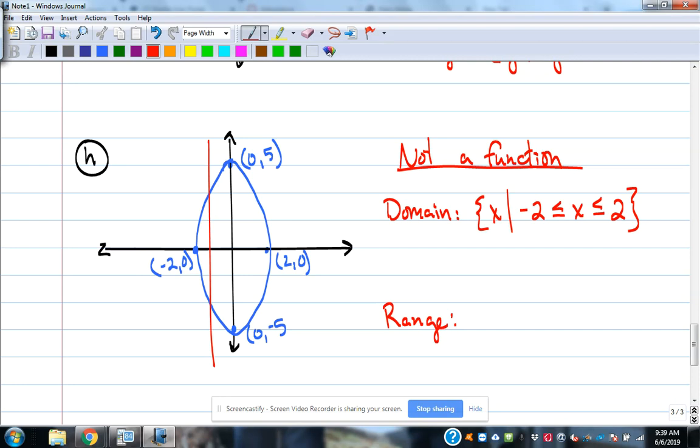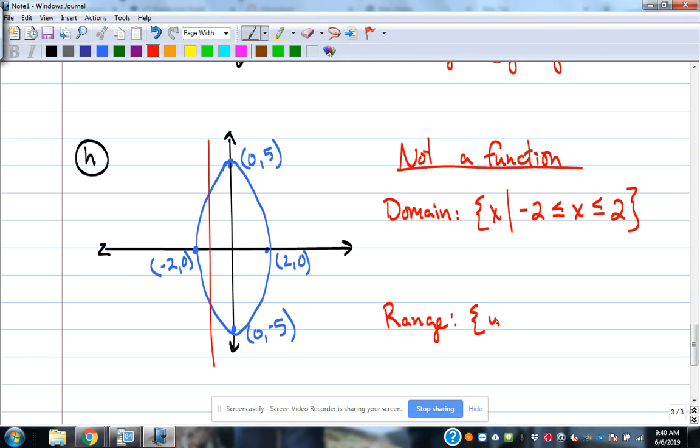It would start at -2, go all the way to +2. The blue line does definitely cover all of those x values between -2 and +2. It actually covers them twice because it's on the top and the bottom. Now the range, remember where we're going to start reading the range? At the bottom. So what's the lowest y value that we have? -5.